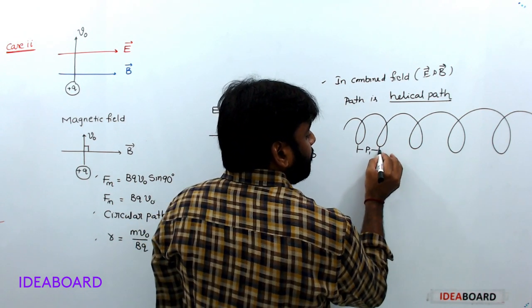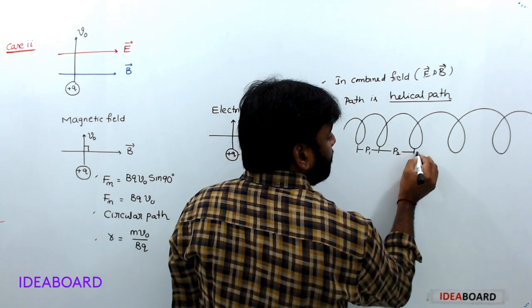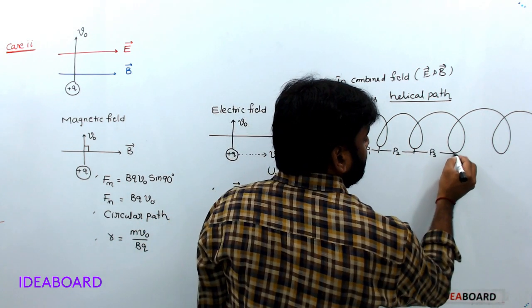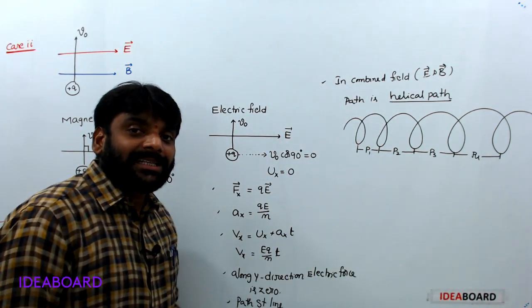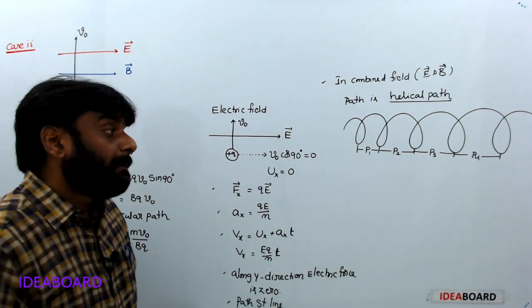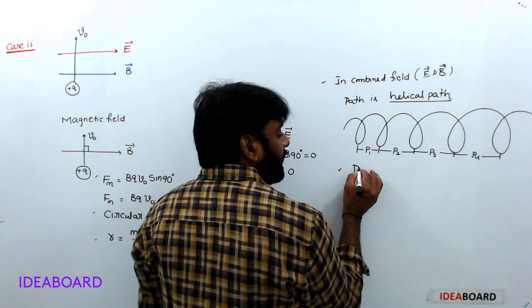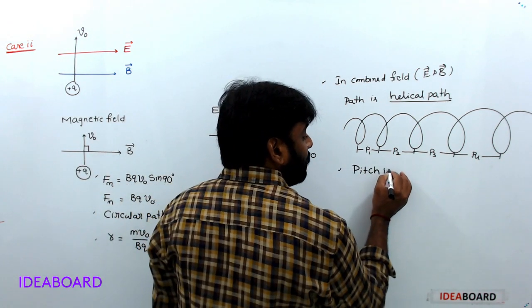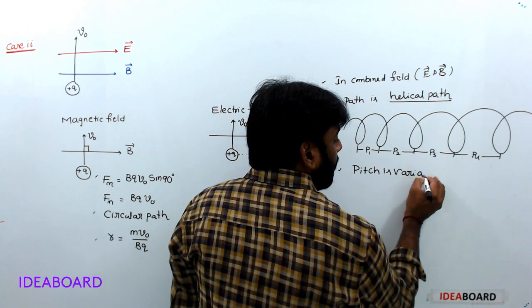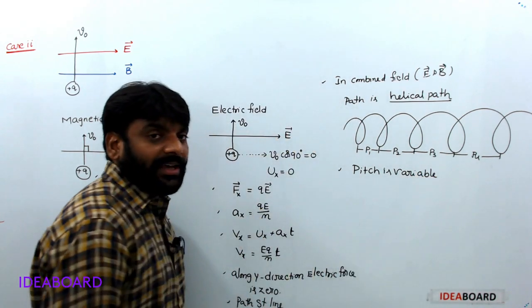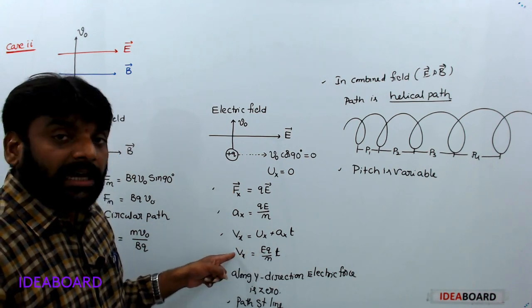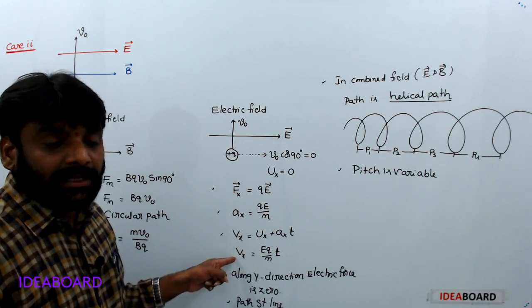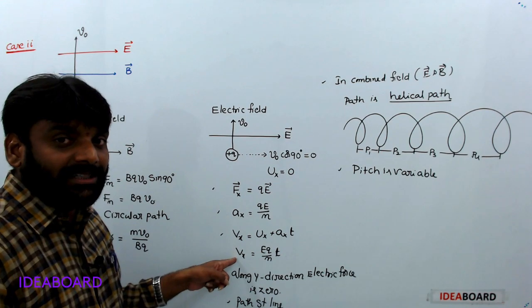It is P1, P2, P3, P4. What about pitch here? Is the pitch constant or variable? Pitch is variable. Why is the pitch variable here? Because as time increases, the velocity along the field also increases.